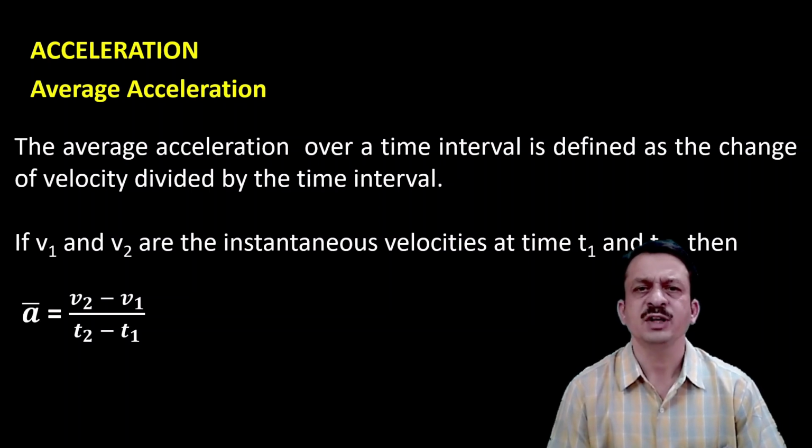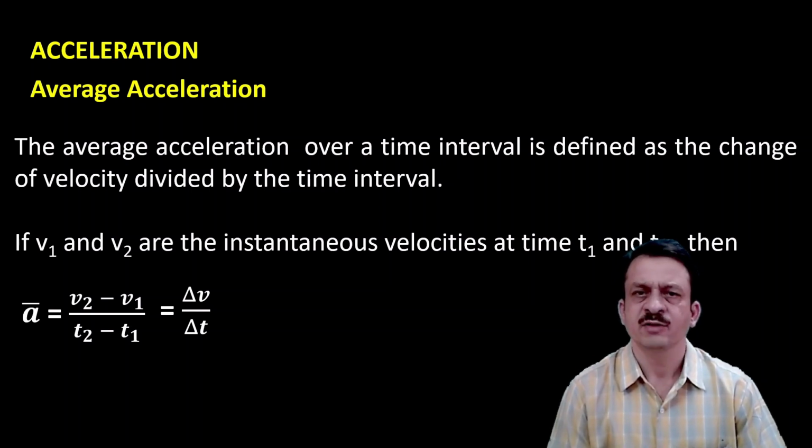Now v2 minus v1 is the change in velocity, therefore we represent it by delta v, and change in time we represent by delta t. Therefore, A bar, average acceleration, is given by delta v divided by delta t, change in velocity with respect to the time interval. Now from this expression we can write the SI unit of acceleration. What is the SI unit?